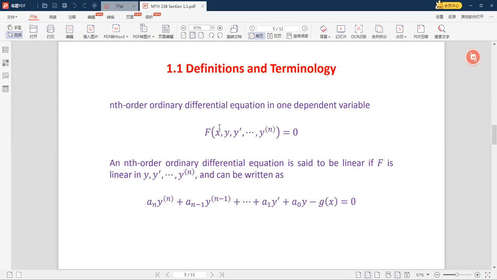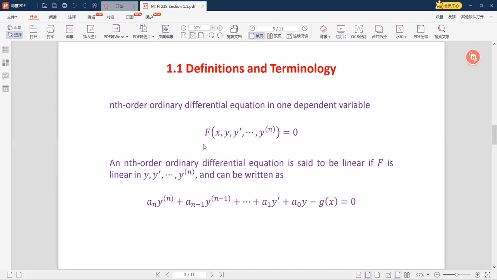So you can always write the nth order ordinary differential equation in one dependent variable in this form. Then we have different cases for this equation. One example is linear differential equations.